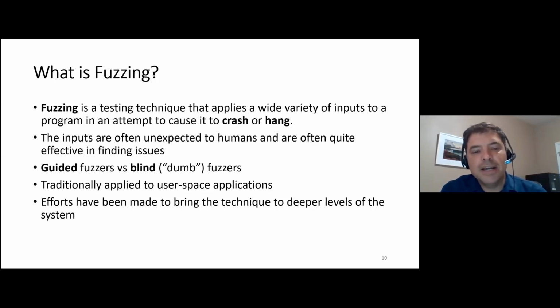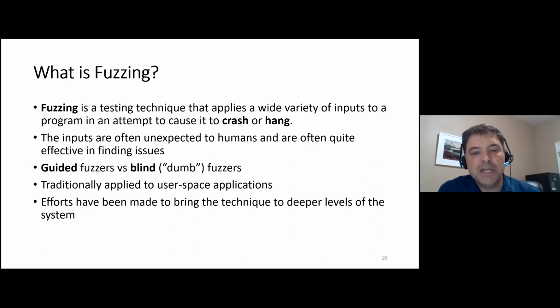And so guided fuzzers can be very effective in automatically understanding the layout of a program and coming up with different inputs to work its way through different functions, inputs that really maximize coverage. Ideally, you'd be able to cover every line of your program. That's the goal: can you get closer to 100% coverage? It's actually hard to do in practice, but that's typically where we try to get to.